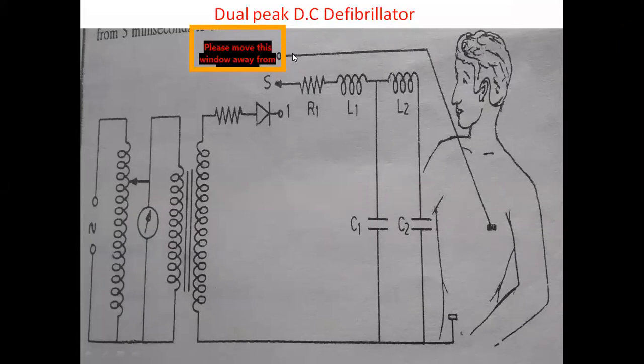When the switch connects to point 2, the capacitors will discharge through 2, and those will be applied to the heart muscles of the heart.